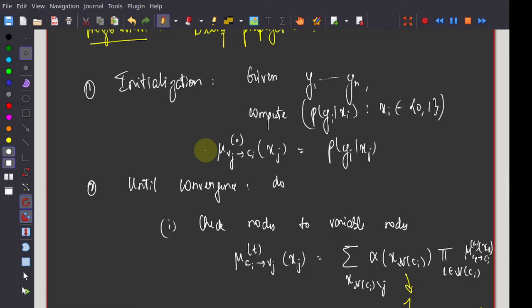Okay? So if it doesn't have any cycles, this will give me the ML estimate. If it has cycles, then I have no idea how this will work.